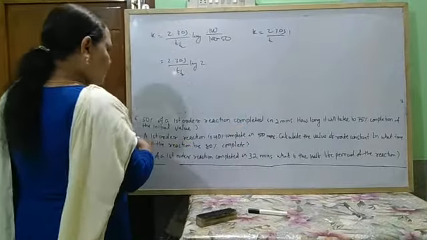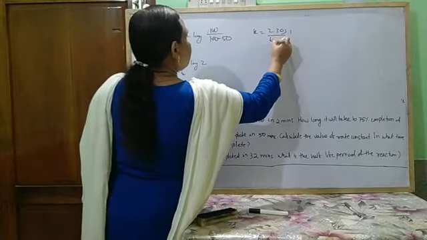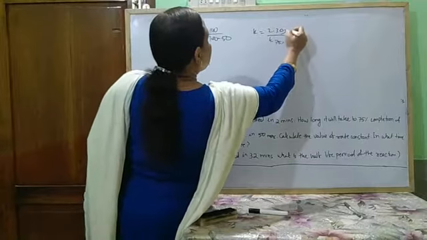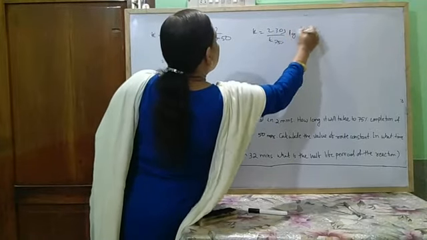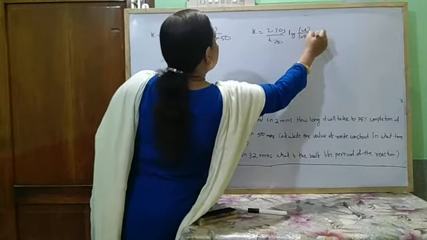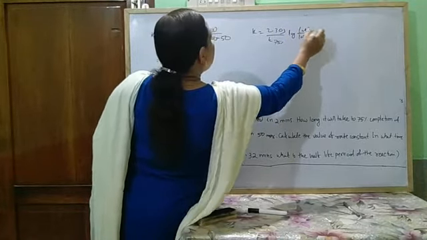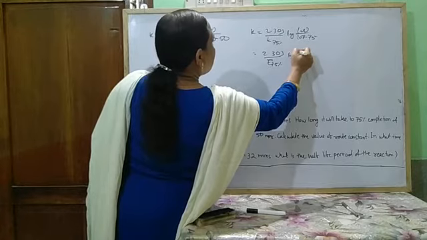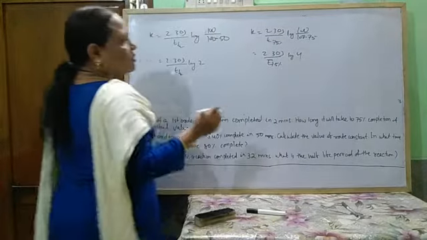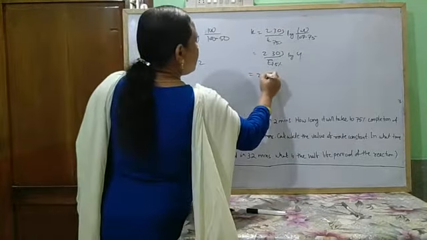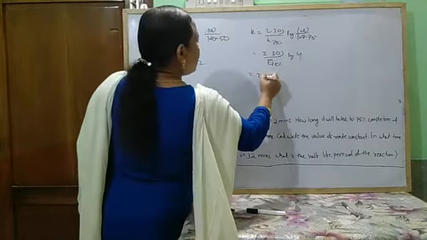How much time will it take? K = 2.303/T(75%) × log 100/(100 − 75), 100 by 25, that is log 4, equal to 2.303/T(75%) × 2 log 2.